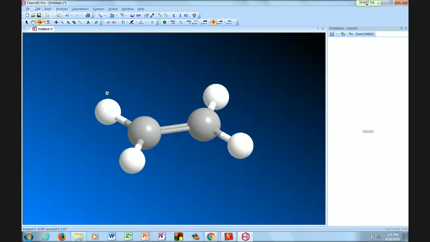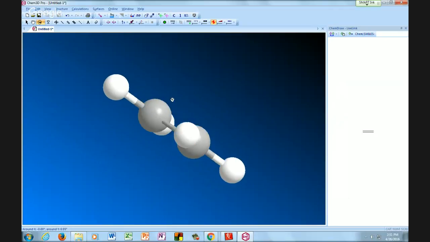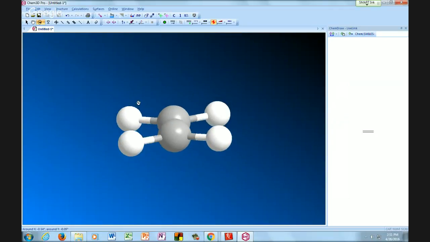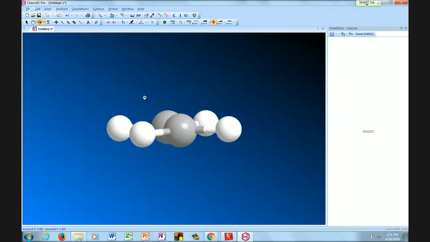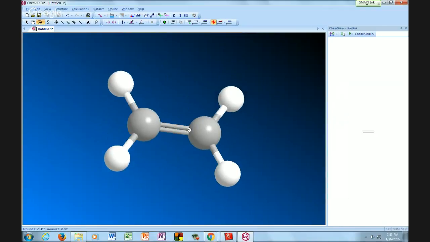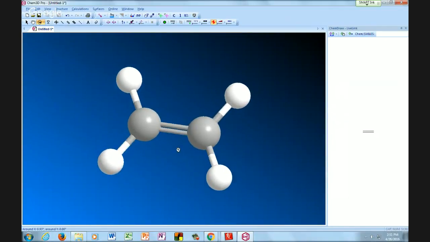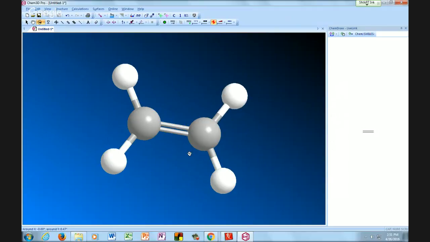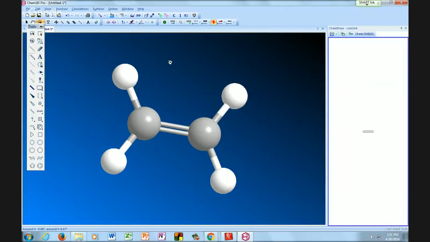So very different from that single bond, we now have a totally flat structure. See that? That double bond causes it to be totally flat because of how the electrons are being shared in that bond. This is something you'll get into if you take more chemistry, but we'll just say the electrons are shared in this specific way.